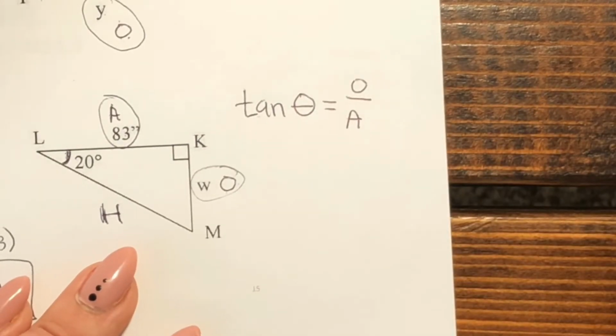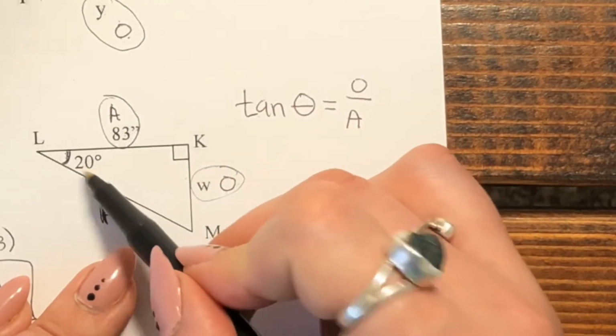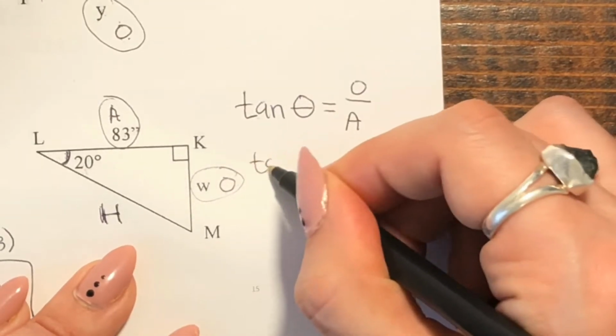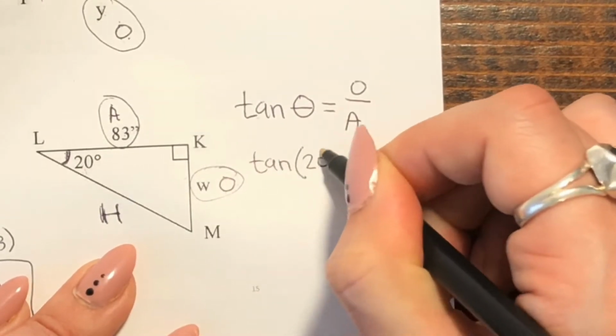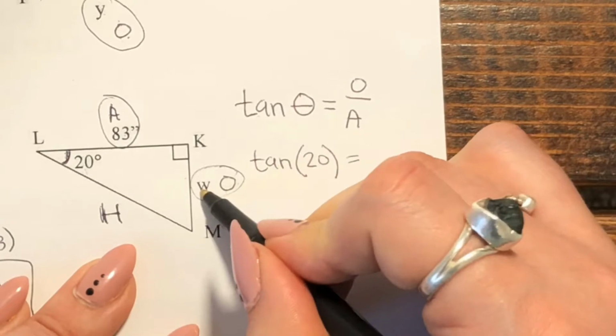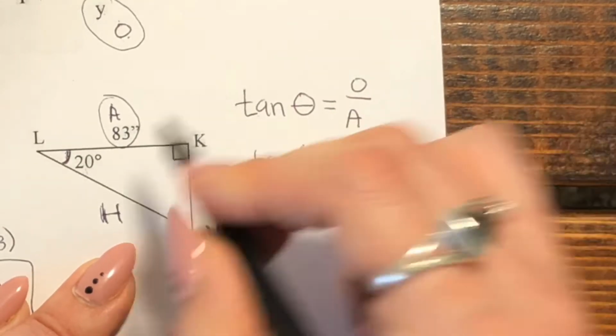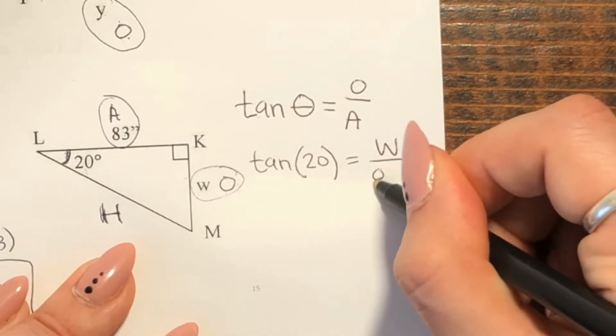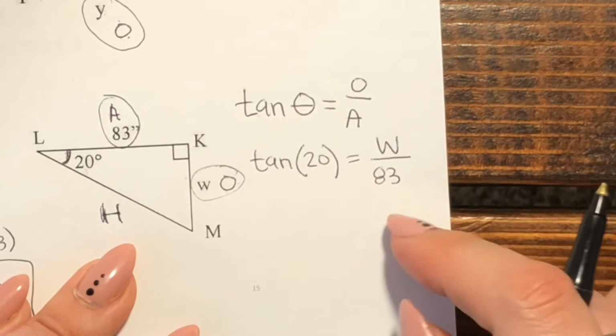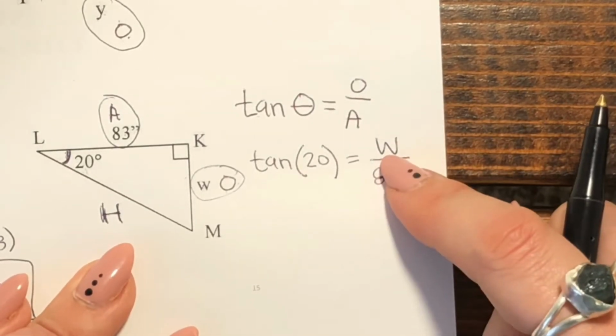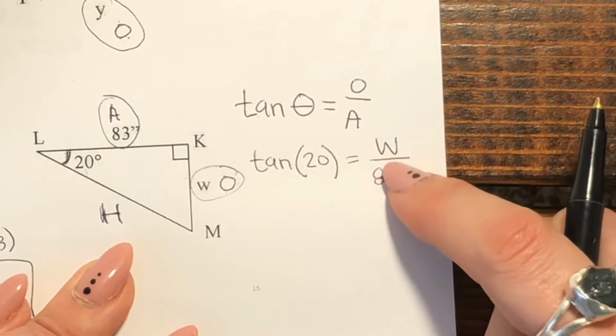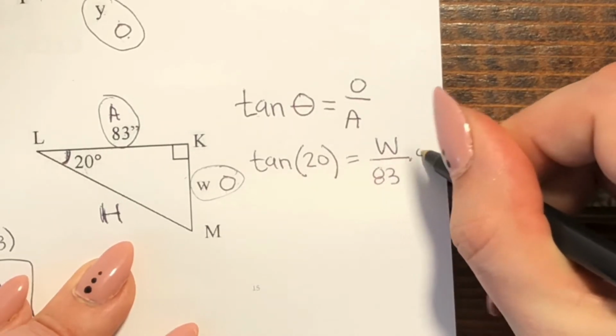Now we just kind of plug in everything we know. We know our angle is 20. So tangent of 20 degrees equals our opposite side, which is W, divided by our adjacent side, 83. So on this one, W is in the top, so we just want to get rid of the 83 by multiplying.